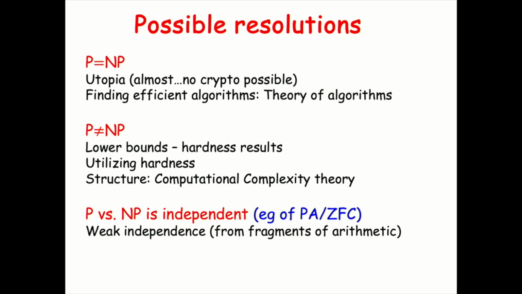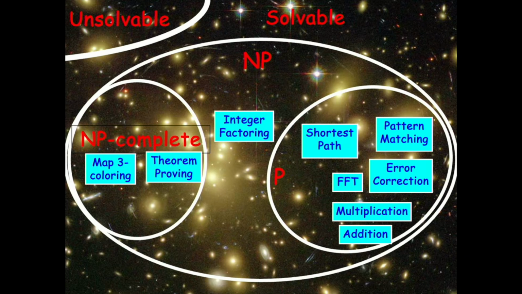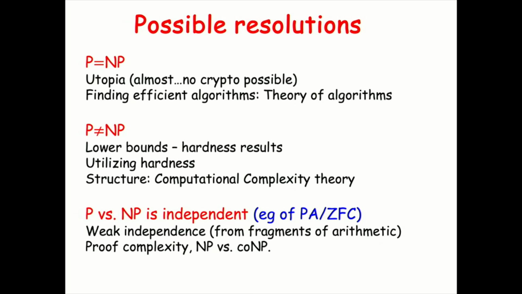There were some talks in the complexity workshop about trying to go towards it, maybe by proving weak independence results, like from fragments of arithmetic. That has to do with a field I will not talk about, which is called proof complexity, and aims more at the difference between NP and co-NP. Right, so there are three possible outcomes.